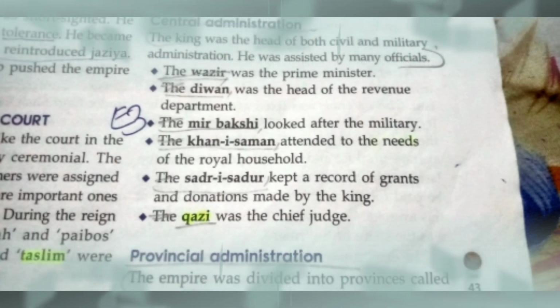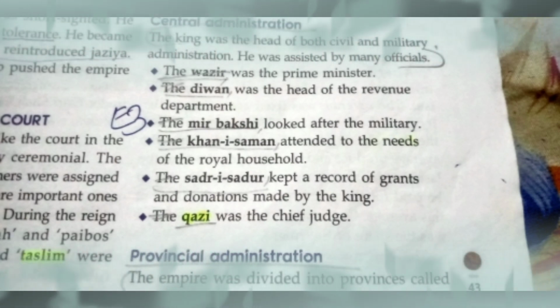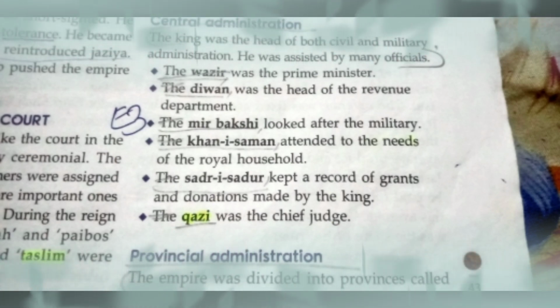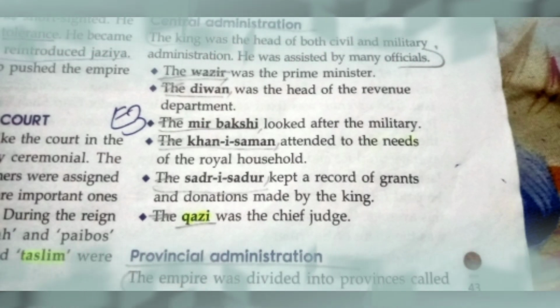The Mir Bakshi looked after the military. The Khan-i-Saman attended to the needs of the royal household. The Sadr-us-Sudur kept a record of grants and donations made by the king. The Qazi was the chief judge.